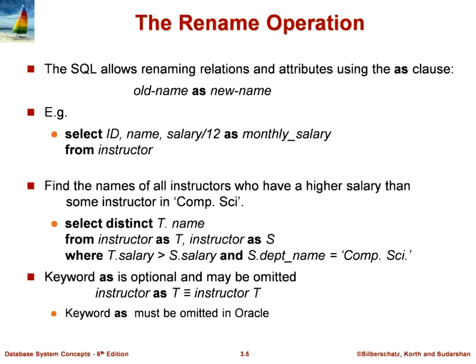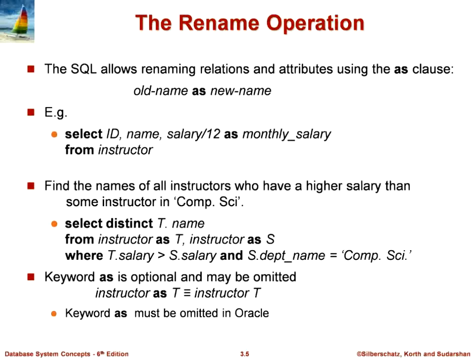Similarly, to find the names of all instructors who have a higher salary than some instructors in computer science, you can select distinct t.name from instructor as t, instructor as s.